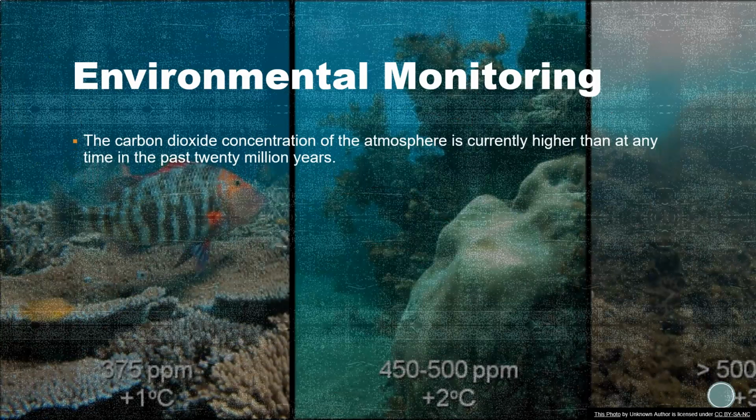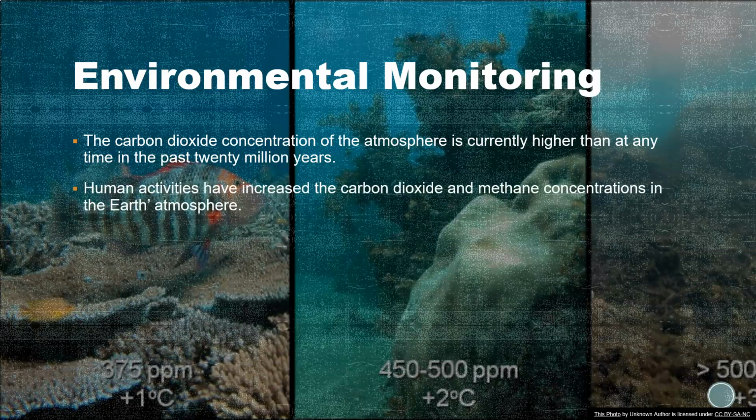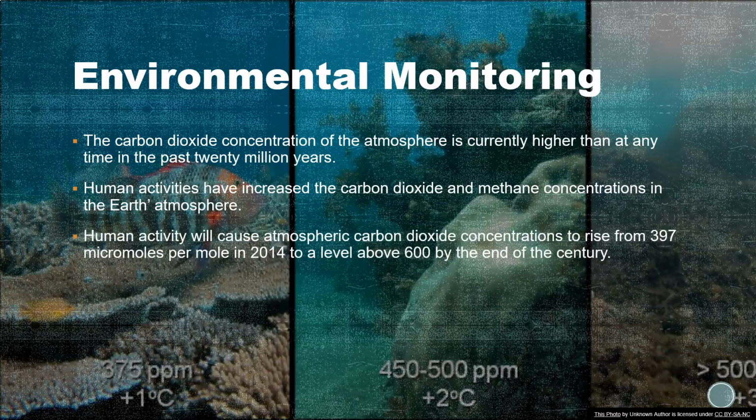The carbon dioxide concentration of the atmosphere is currently higher than any time in the past 20 million years. Human activities have increased the carbon dioxide and methane concentrations in the Earth's atmosphere. We're going to look at this further in the next video on global warming.